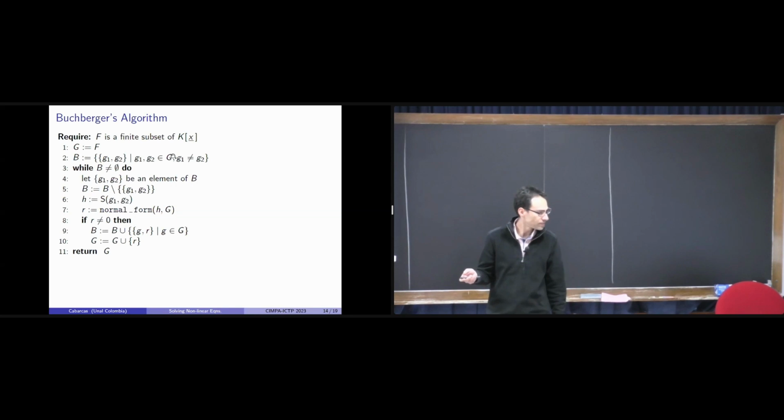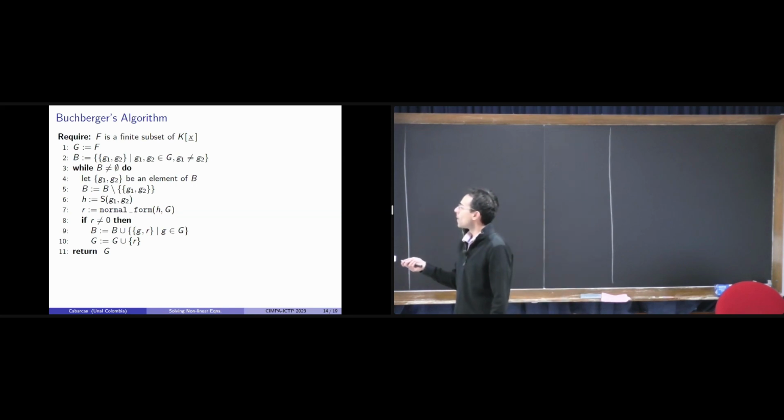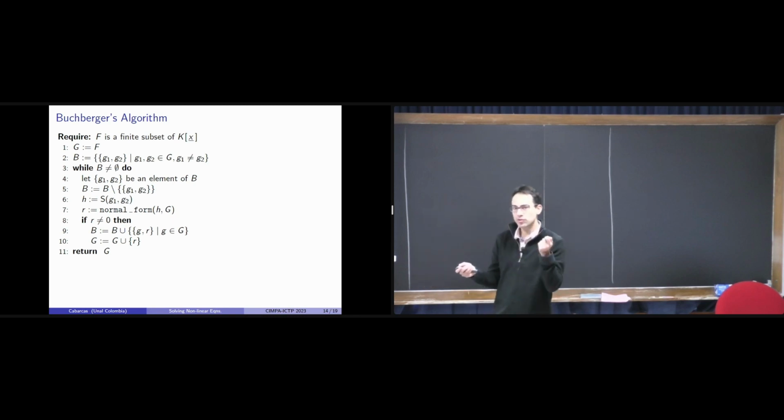Then, while there are elements in B, while the set B is non-empty, we're going to do the following. We're going to pick one element from B, remove it from that set of pairs, then compute the S polynomial H of that pair, and we're going to try to reduce that.